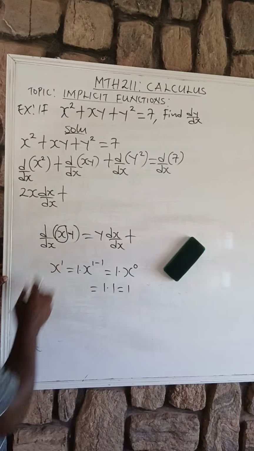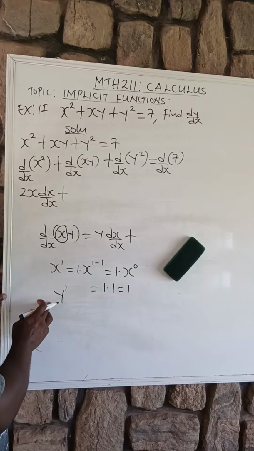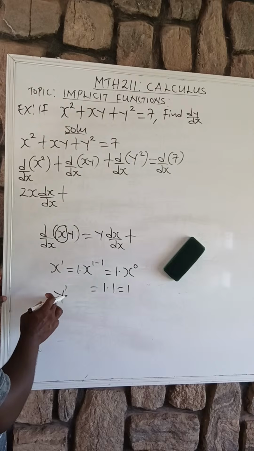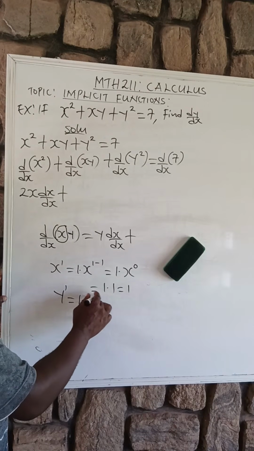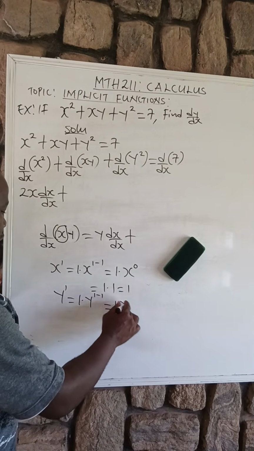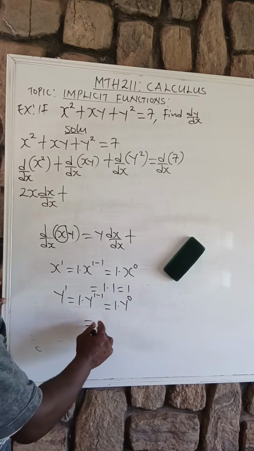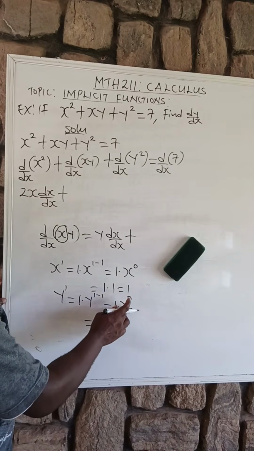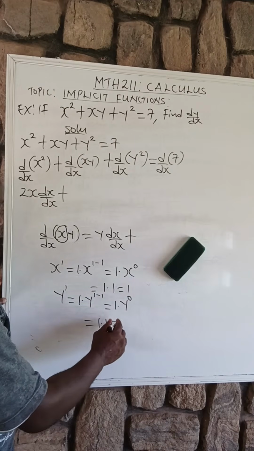So you are going to differentiate y. If you differentiate y, you get 1 times y raised to the power of 1 minus 1, which is 0. Anything raised to the power 0 is 1. So you can now see that 1 times 1 is 1.